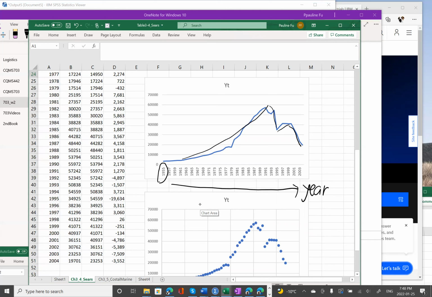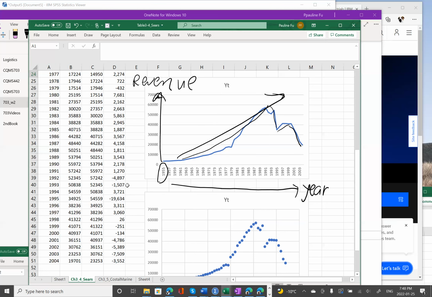So it has a trend. And if you produce an autocorrelation function for this revenue data, y represents revenue versus x representing year.